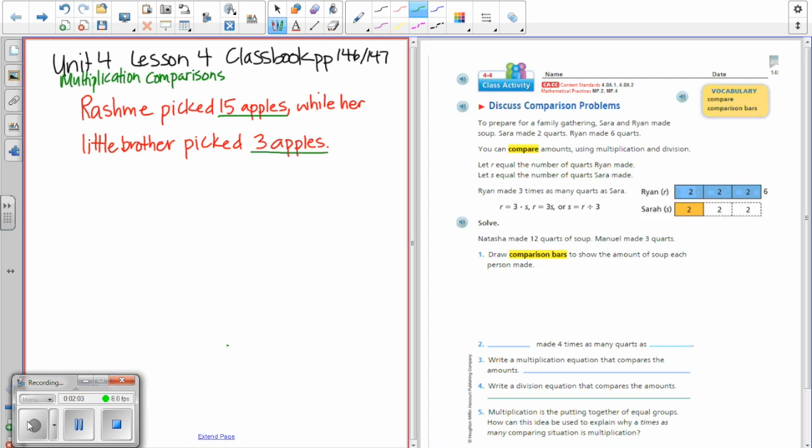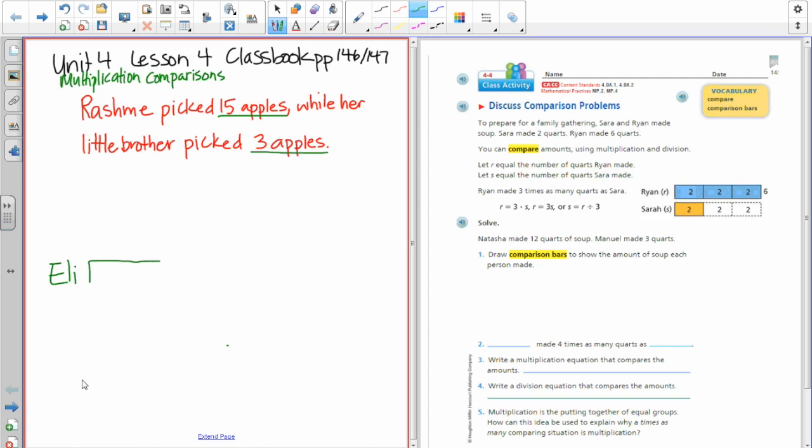So let me draw a little picture here. We call these comparison bars, and we're going to do it with another number on page 146, but I wanted to do this with the apple picking first. If I have what Eli has, 1 bar equals how many apples he picked. And then Rashmi picked 5 times that amount.